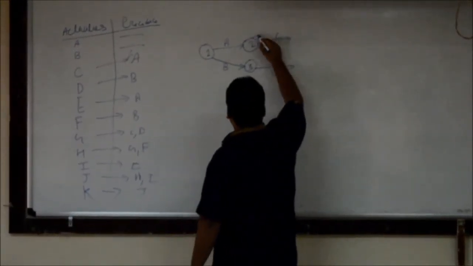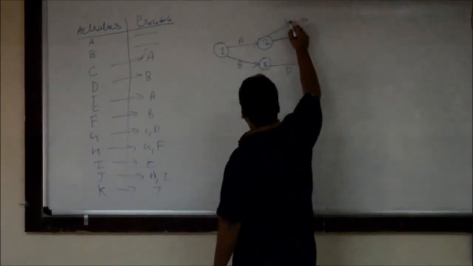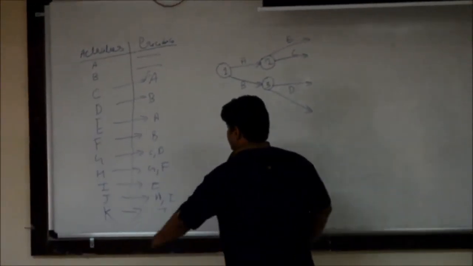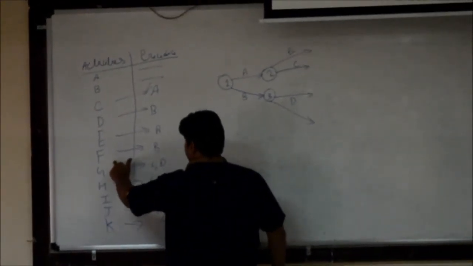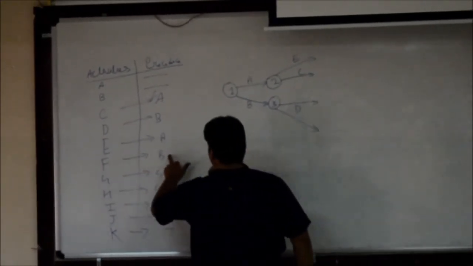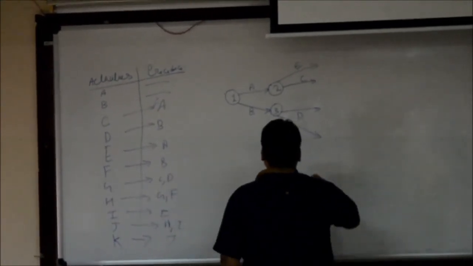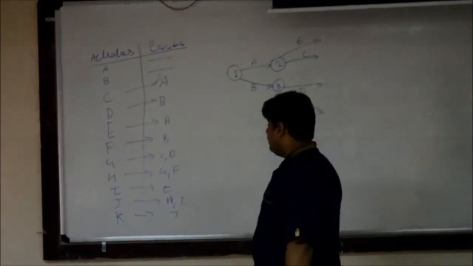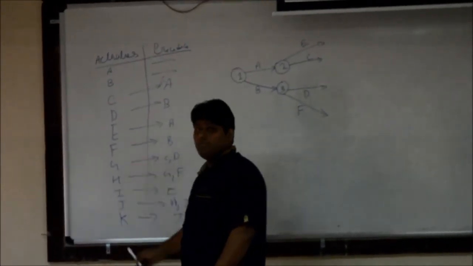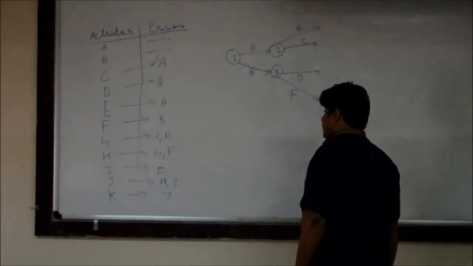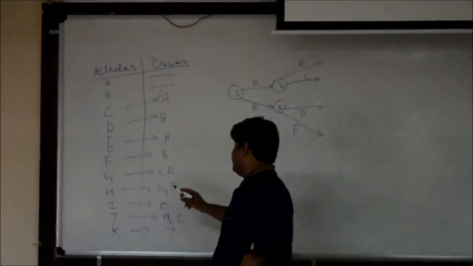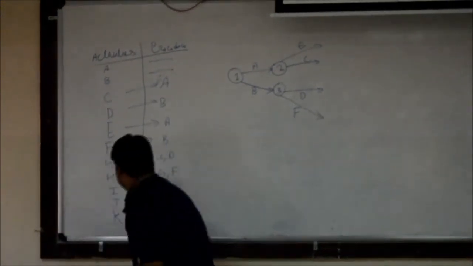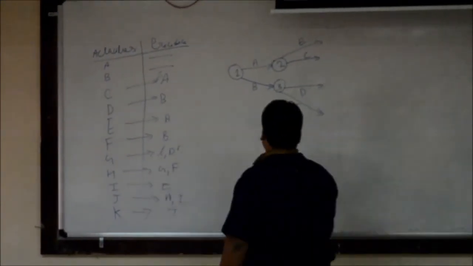So we will be doing activity E here, and like this, activity F is done when activity B is completed. So we will be doing activity F. Now if we look at activity G, for activity G to occur, we need 2 activities to be completed before that. Activities C and D both should be completed.